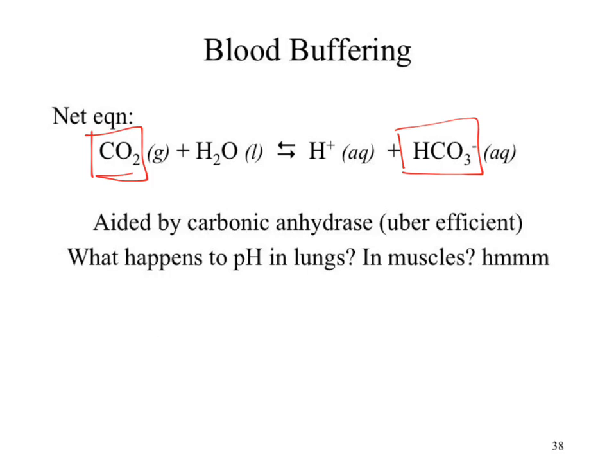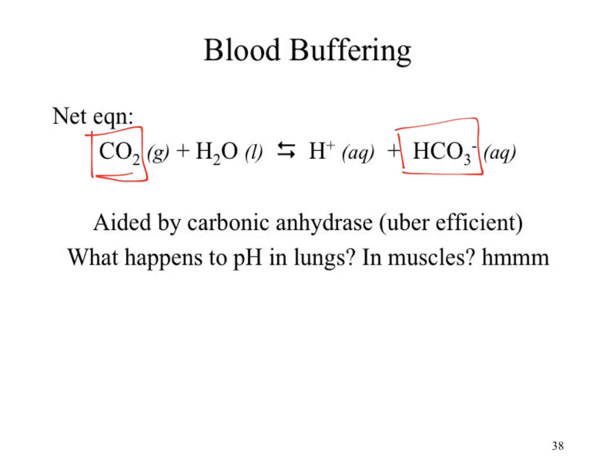So, this reaction is aided by a super efficient enzyme, carbonic anhydrase, that helps balance between those two. So this means if we become an extremely acidic environment, what happens? HCO3 minus reacts with the H plus, turns it into CO2, and we can stabilize our pH by having removed the H plus, so we stay relatively constant.